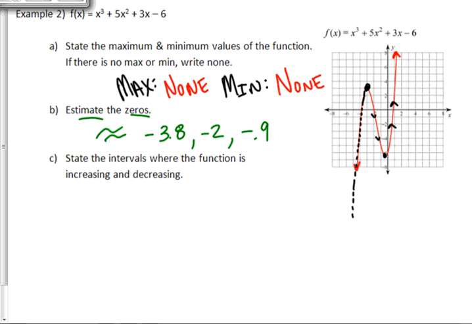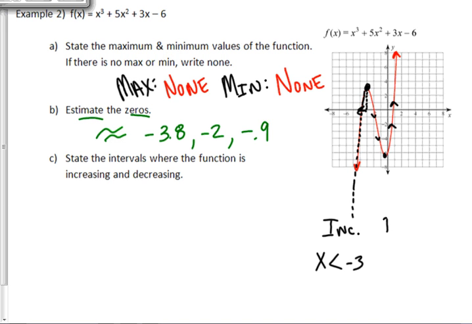So there's 2 increases that I have and 1 decrease. The first increase regarding my x values, okay, my x values come down to, looks like -3 is that x value. So to be on the increase, it's all the values to the left of -3. Those values left of -3 would be less than -3. So when your x value is less than -3, it's going to be on the increase.